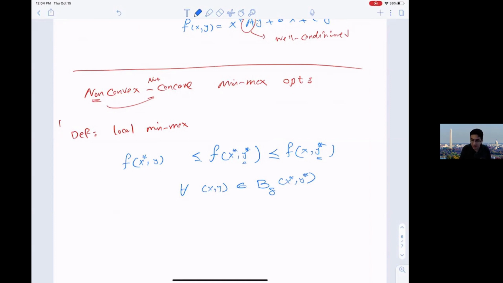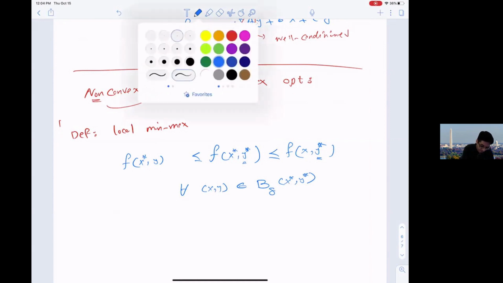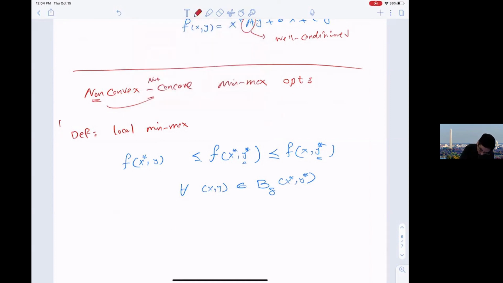It may not happen globally, but in a local neighborhood, X star is the minimizer of my function and Y star is the maximizer. Globally, it may not actually be the case.